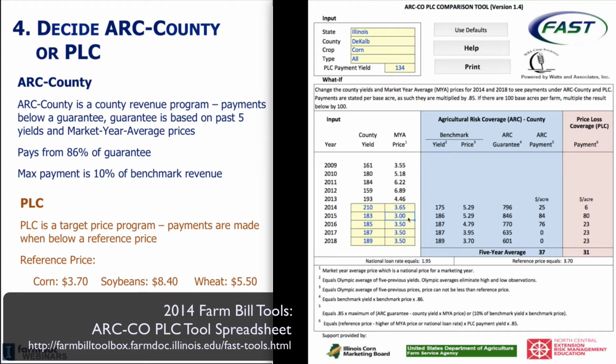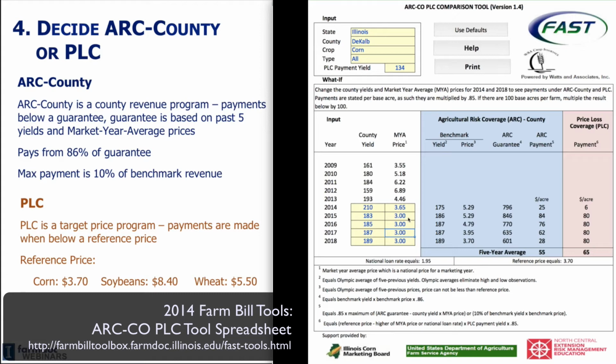Here's 330. So we're getting somewhere. Right at 330 is sort of a break-even price. If we get prices below that, we will have more PLC payments than ARC County. Above that, it will tend to be more ARC County. And here's 3.